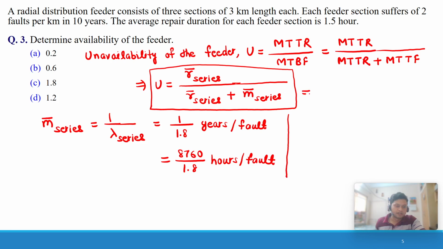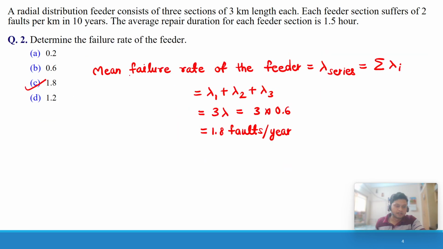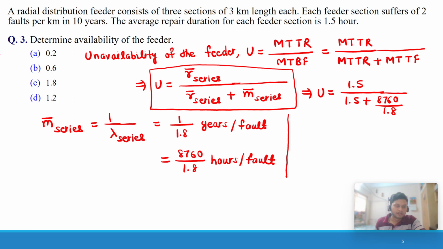So we can write U is equal to 1.5 hours divided by 1.5 hours plus 8760 divided by 1.8 hours. Sorry, the options here are incorrect. I think I have not updated the options here.